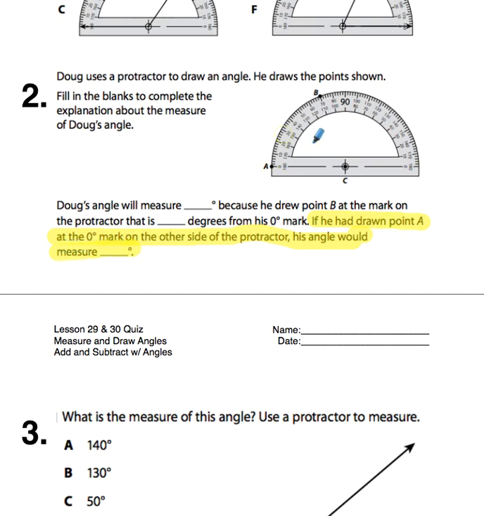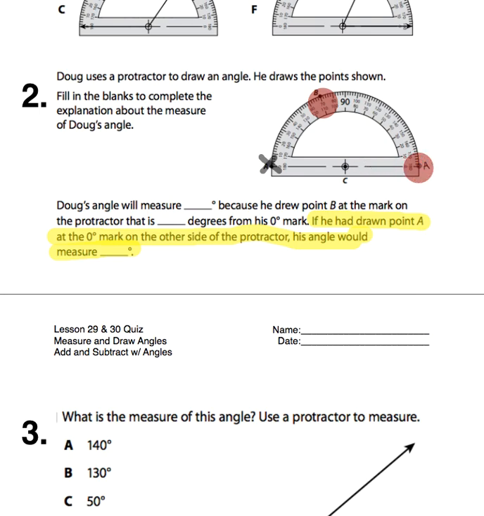So what it's saying is, if he had not put his point over here, if his point A was instead over here, if this was point A, then we would instead be measuring from this other 0 right here, again up to point B.